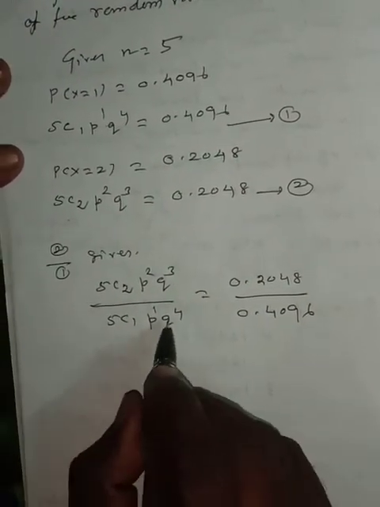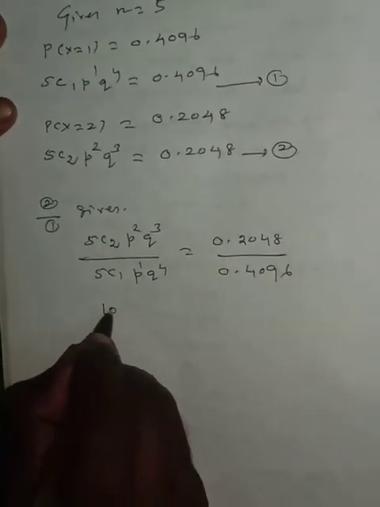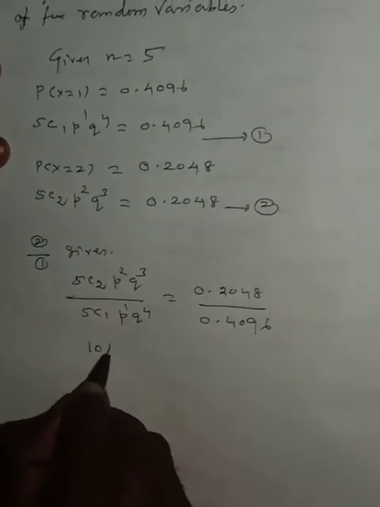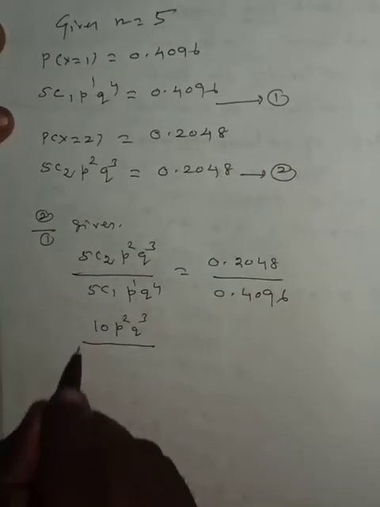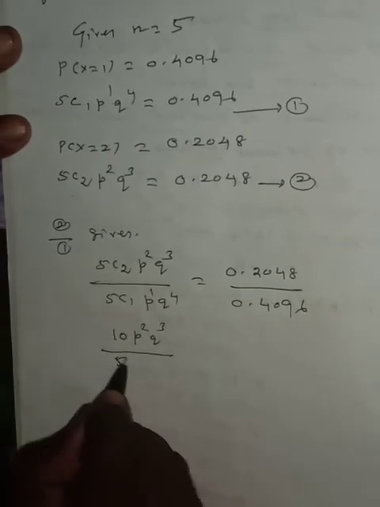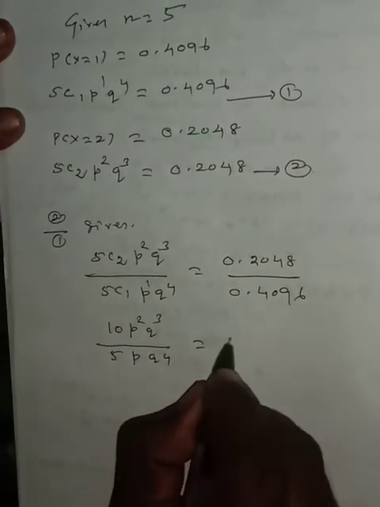Now 5C2 is 10 p square q cubed, divided by 5C1 which is 5 p q to the power of 4, is equal to 1 by 2.